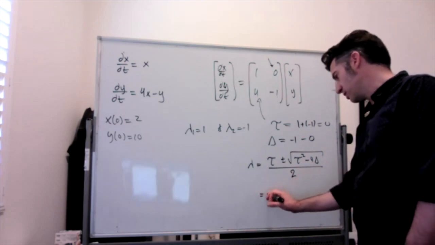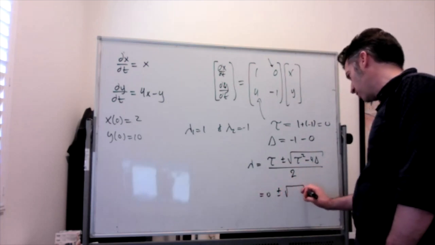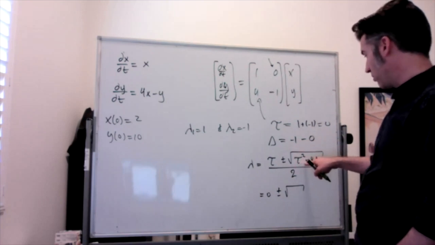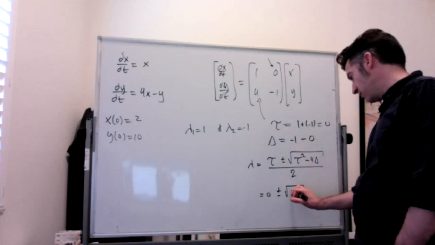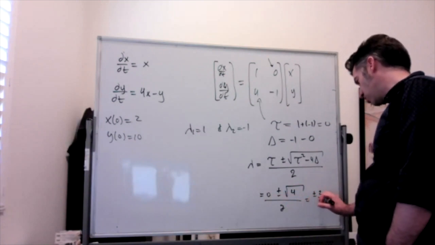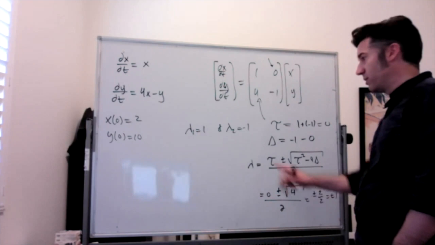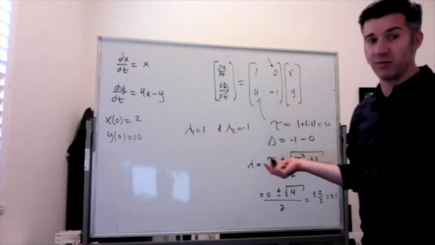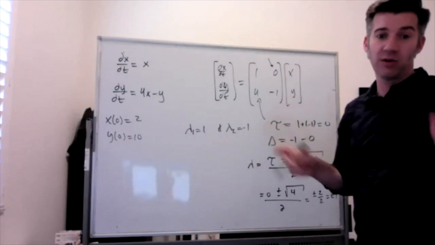So that's 0 plus or minus the square root of 0 minus 4 times negative 1, so that's 4 over 2. So that's plus or minus 2 over 2, that's plus or minus 1, just like we said. You shouldn't do this work for this kind of problem because it's way easier to just say, hey, look, I can see the eigenvalues, so can you.